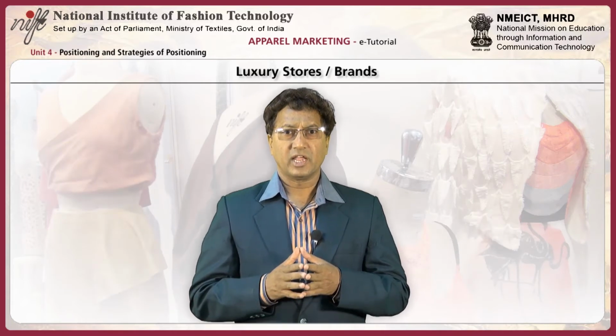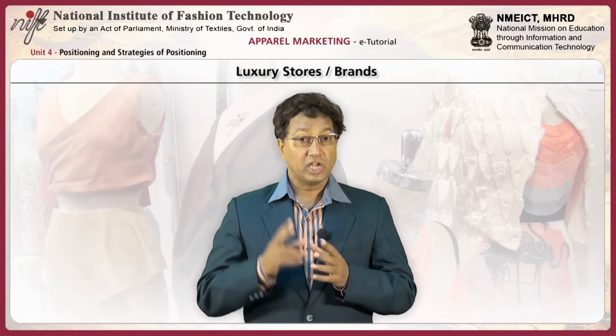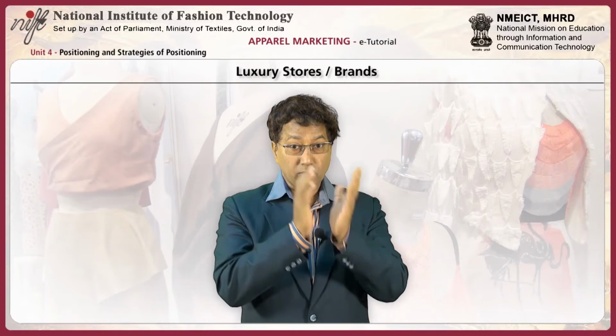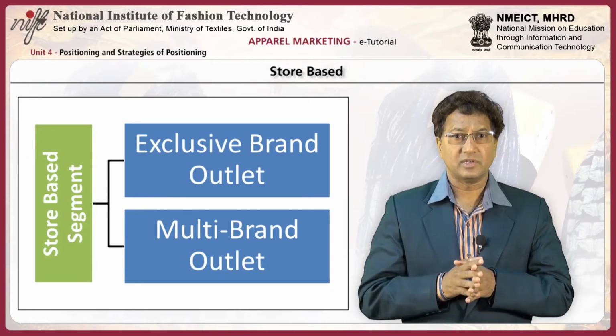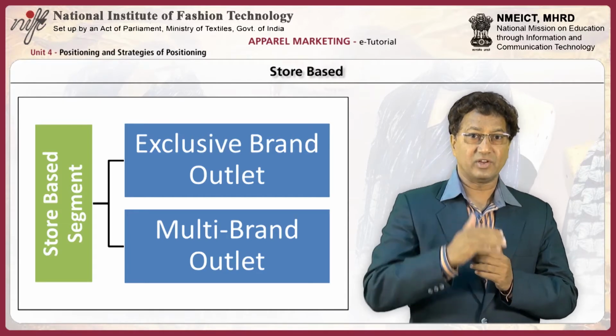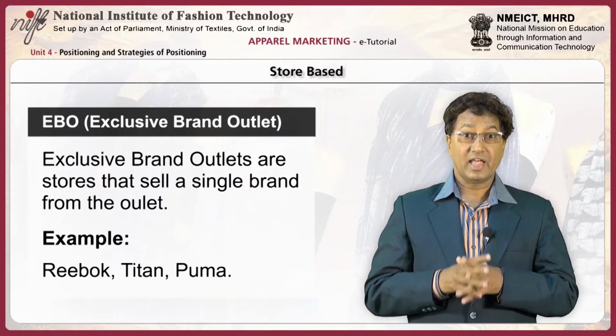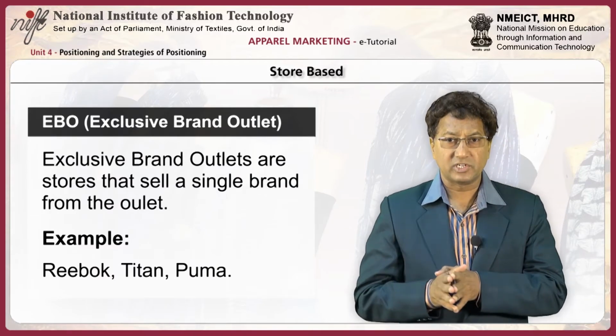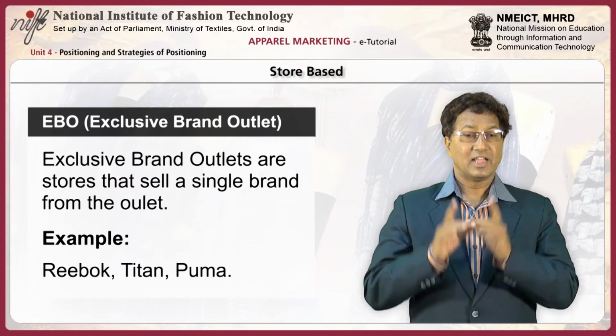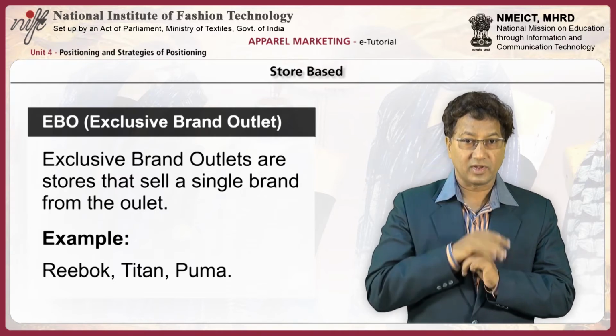Luxury stores can be broadly classified into two categories, that is store based and non-store based. The store based segment can be further classified into EBO, that is exclusive brand outlet. The exclusive brand outlets are stores that sell a single brand from the outlet.